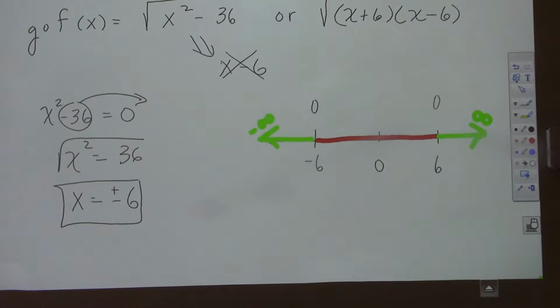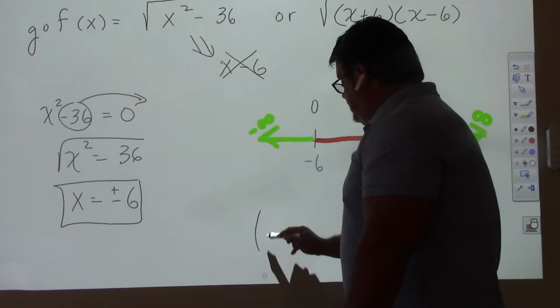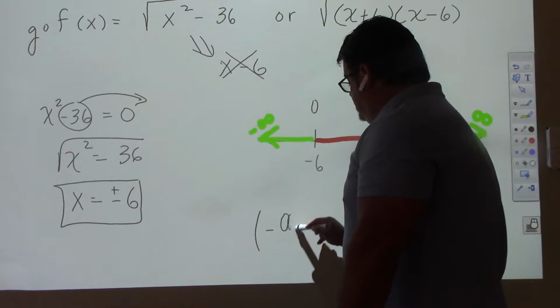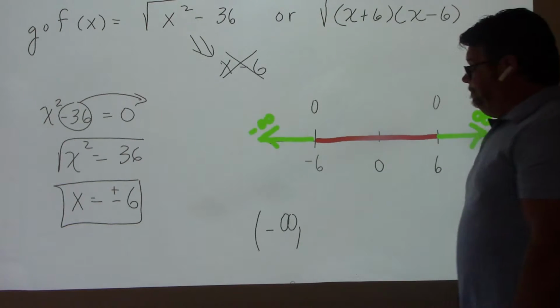So let's write our domain in terms of interval notation, because that way we read from left to right, and that's what y'all been doing ever since you were a kid. So let's read left to right. It always goes on infinity, parentheses. So negative infinity to negative 6.